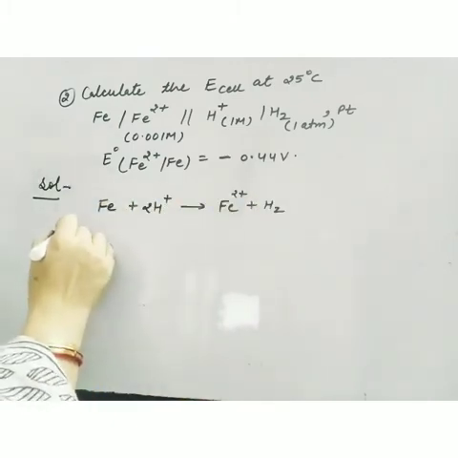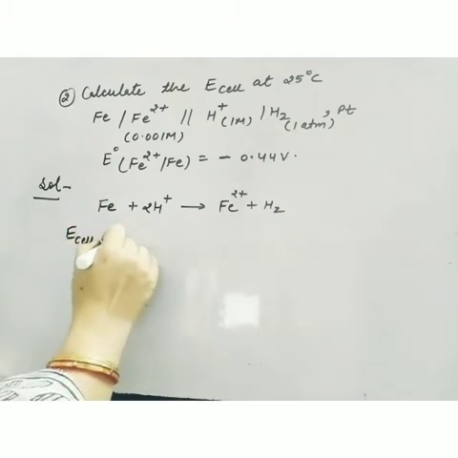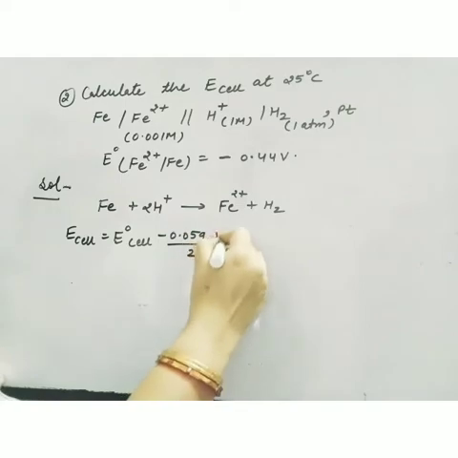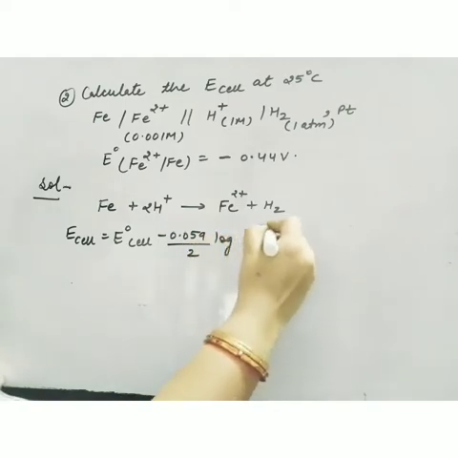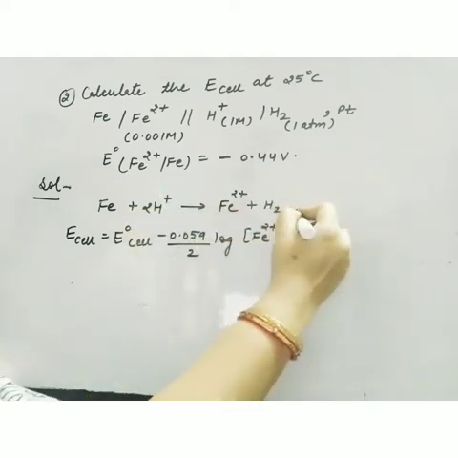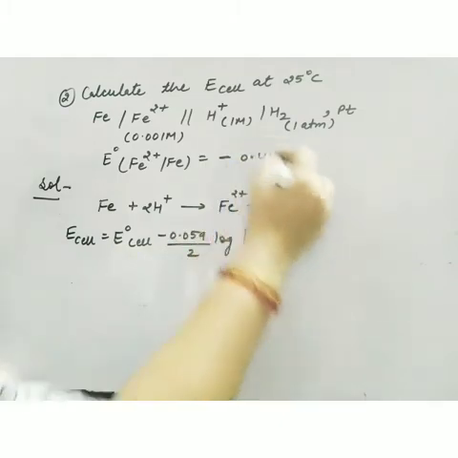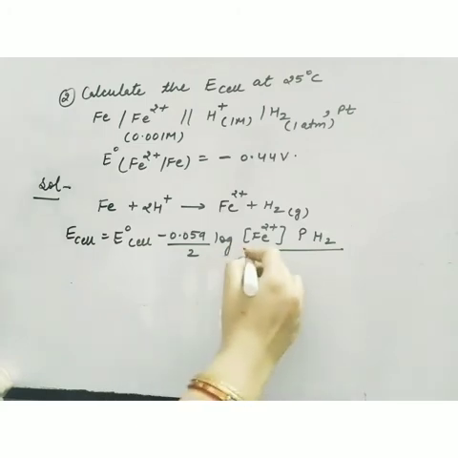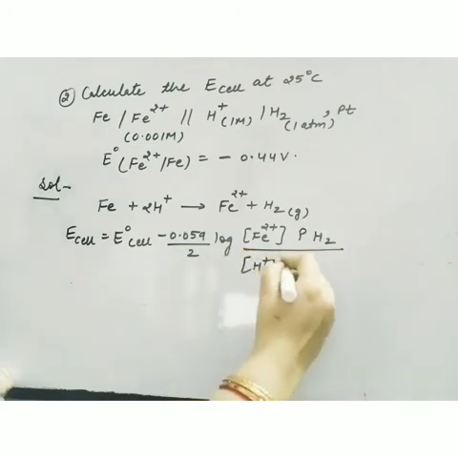Now write the Nernst equation. Concentration of Fe2 plus. Okay, now here hydrogen is gas, so here pressure of hydrogen is written instead of concentration in the Nernst equation. Then H plus 2 into Fe.